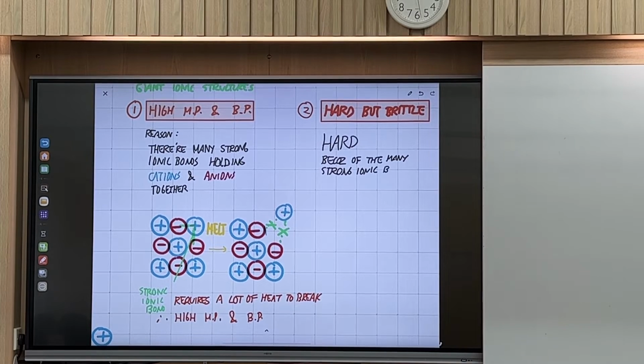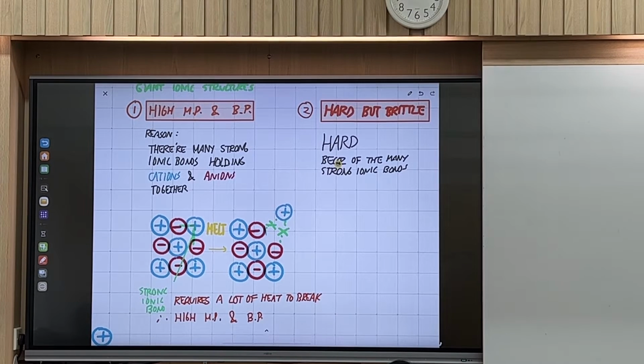These strong ionic bonds are like ropes that hold the ions in place. They don't allow any shift in their position. This is why it's hard. When you say something is hard, it means it doesn't change shape easily, because of these strong forces.